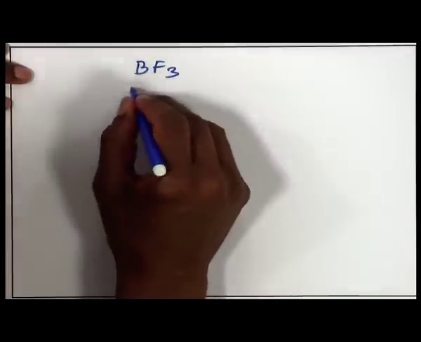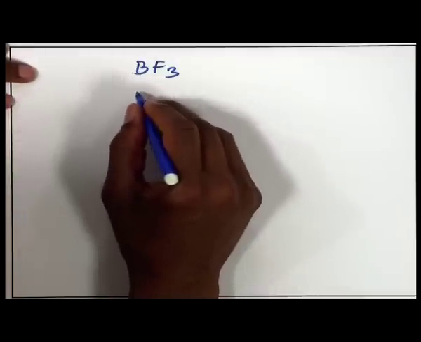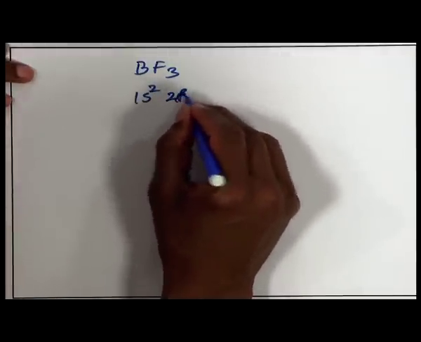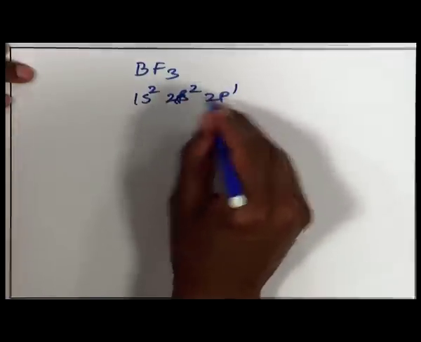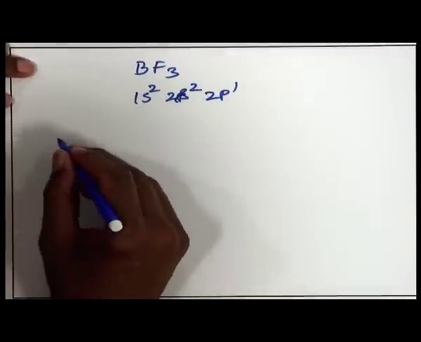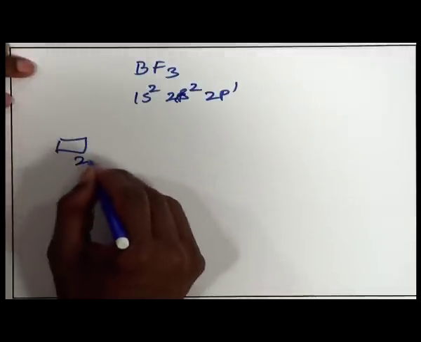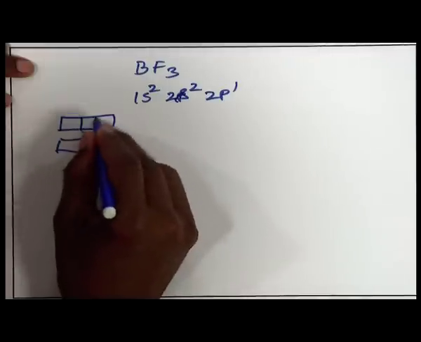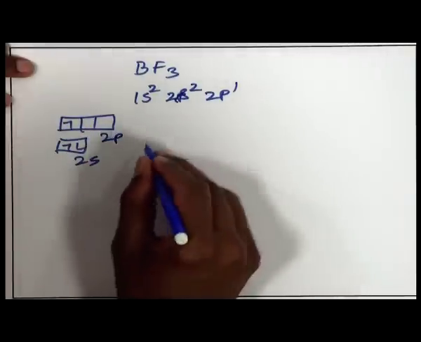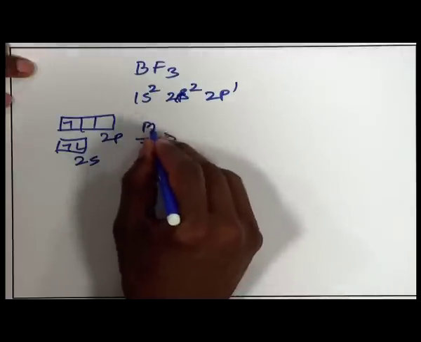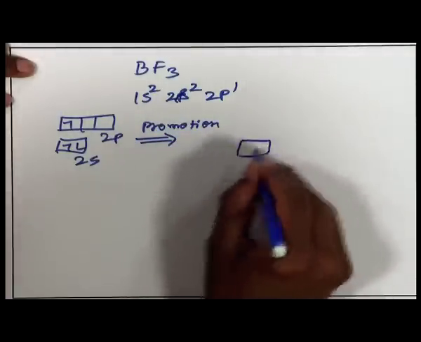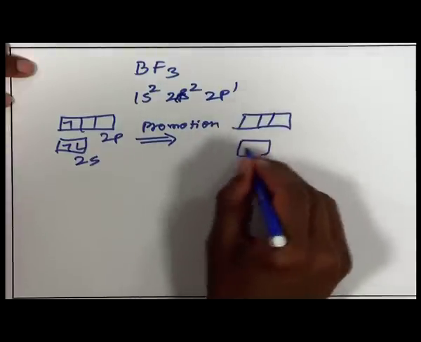So, the boron electronic configuration is 1s2, 2s2, 2p1. So, you have the 2s orbital and the 2p orbital, with 2 electrons and 1 electron. Then promotion of an electron gives this state.